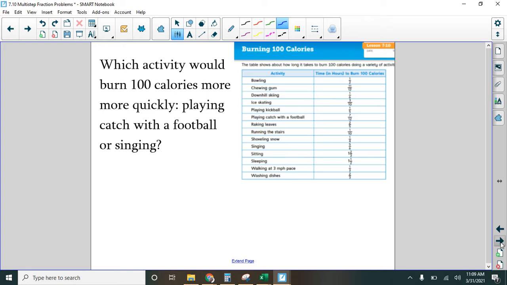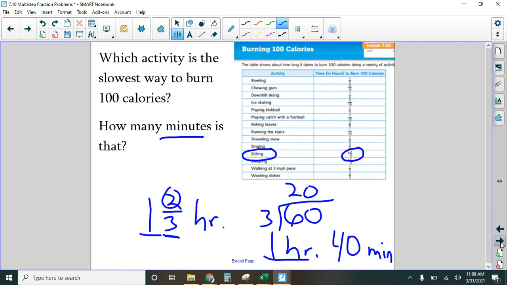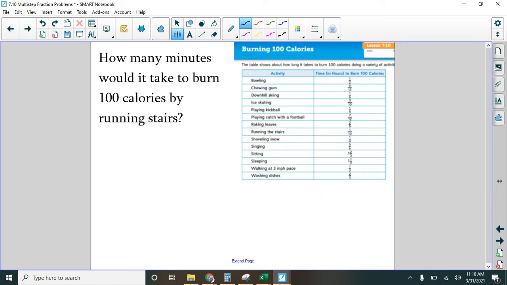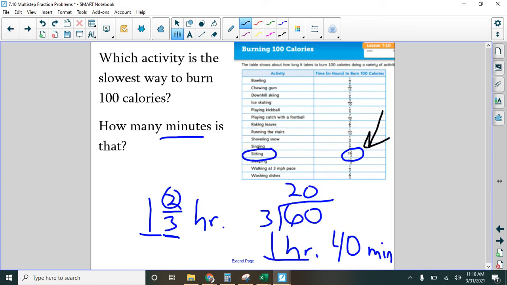Which activity would burn 100 calories more quickly: playing catch with a football or singing? Before we go to that, the fastest one was 1/10. It was the smallest fraction. The slowest one was the biggest fraction.